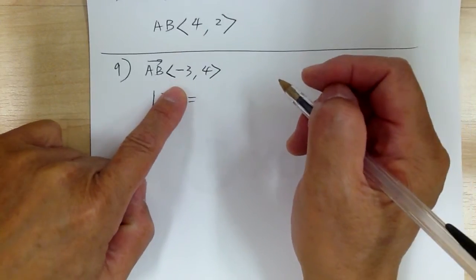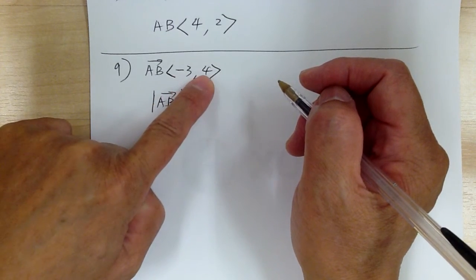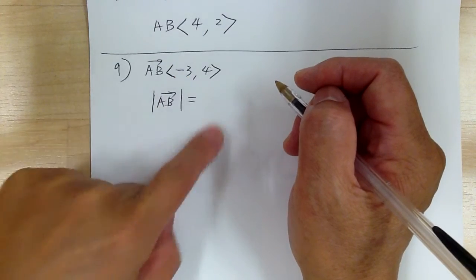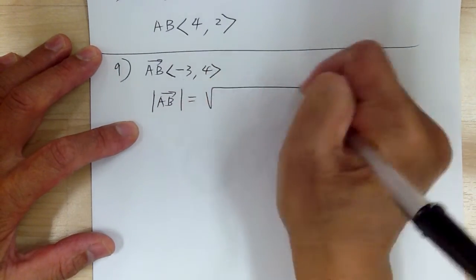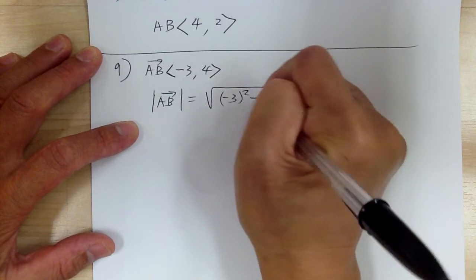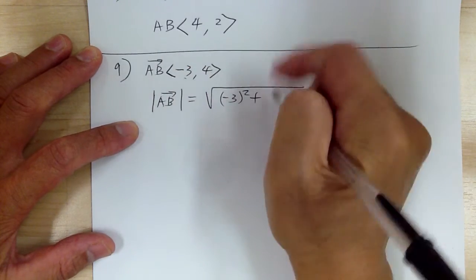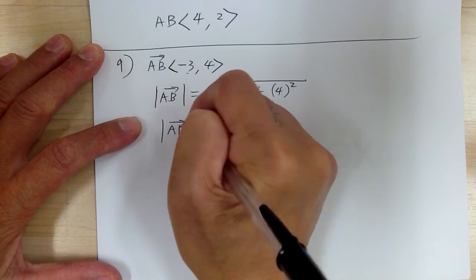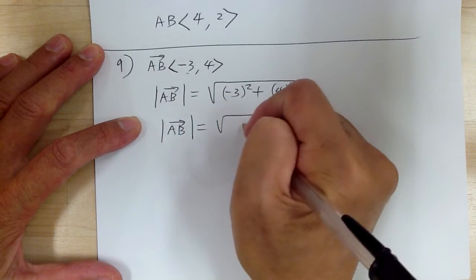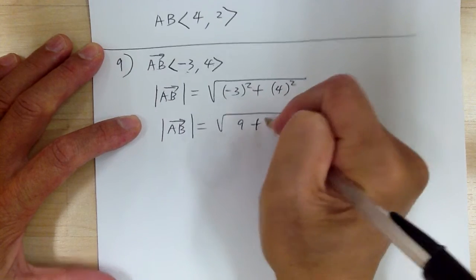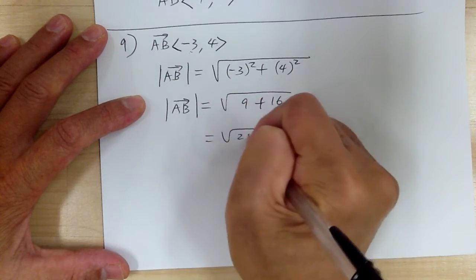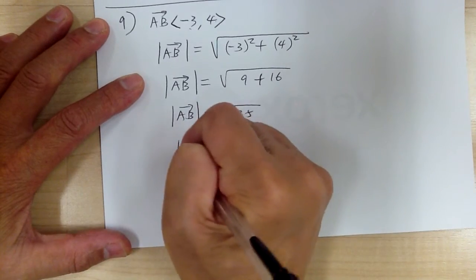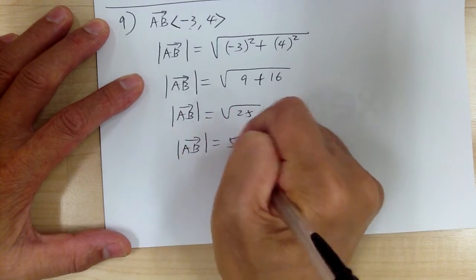If you know your special triangles, -3, 4 is a 3, 4, 5 triangle, so your answer should be 5. Or you can just use the Pythagorean theorem: a squared plus b squared equals c squared. So the magnitude or length of vector AB equals the square root of 9 plus 16, which equals the square root of 25, so this is equal to 5.